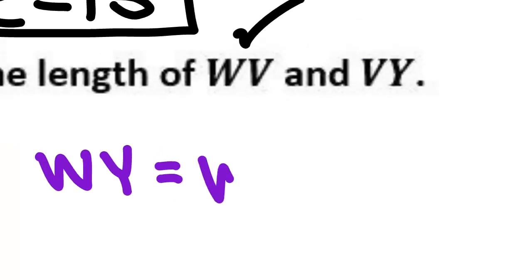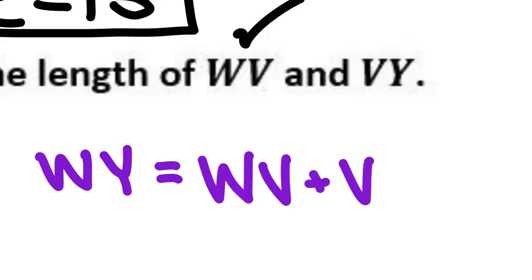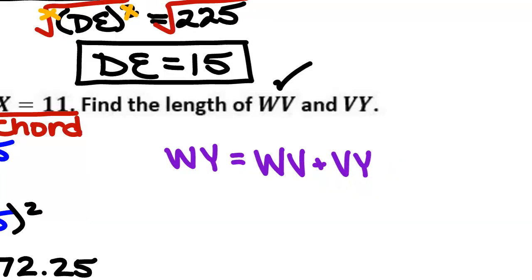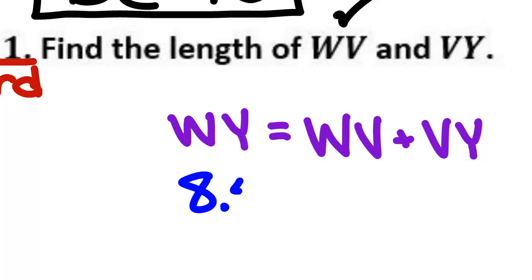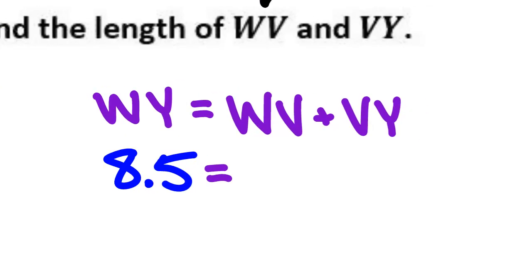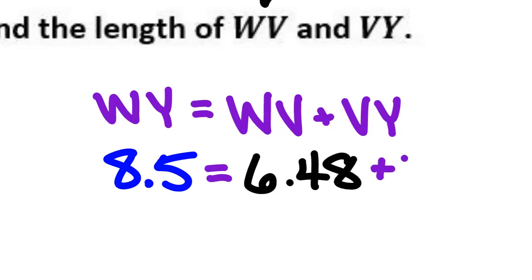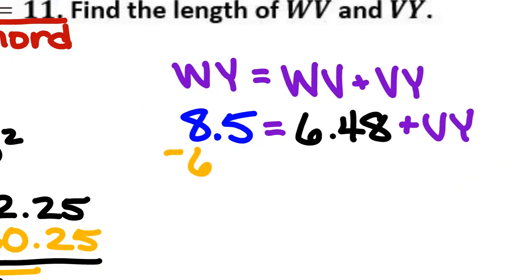How big is WY? 8.5. Do we know how big WV is? 6.48 plus VY. So then I subtract 6.48 from both sides. And what do I get? 2.02.